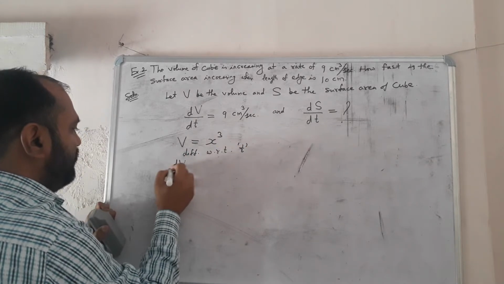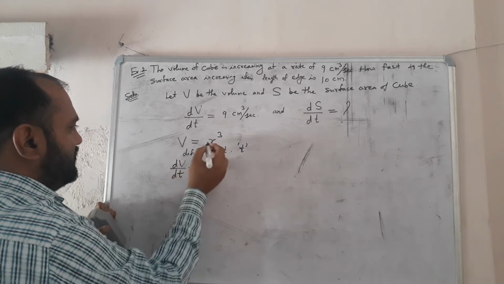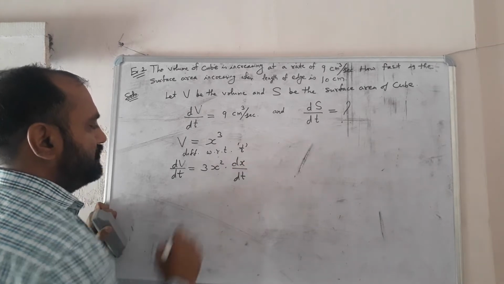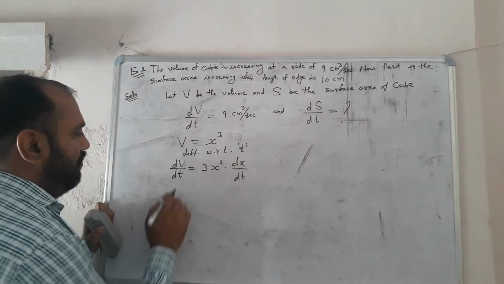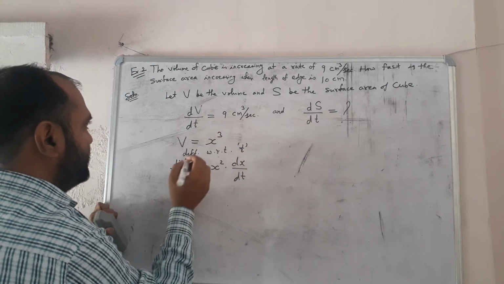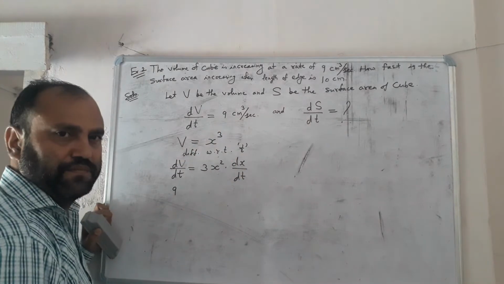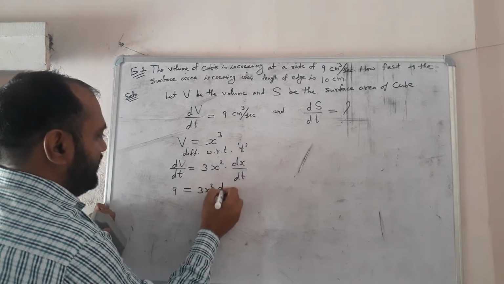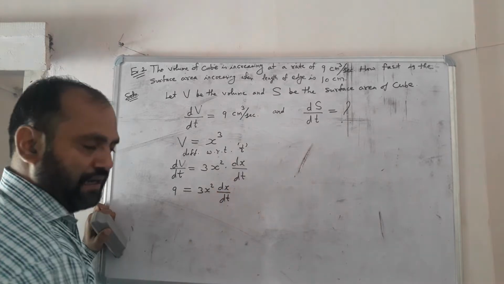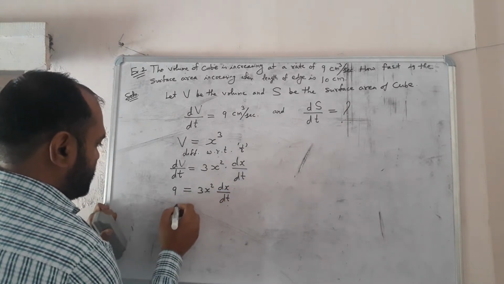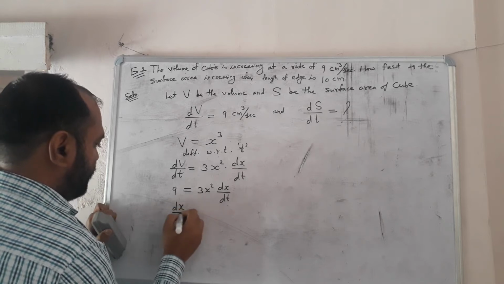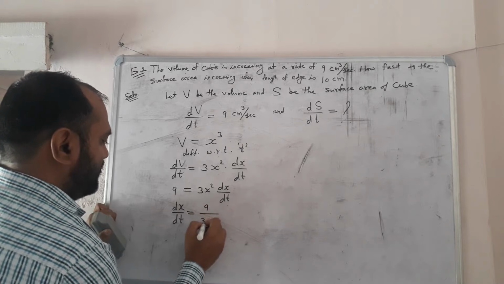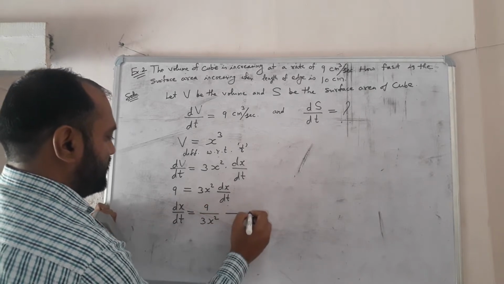So we get dV/dt, and its differentiation is 3x square into dx/dt. Now put the value of dV/dt, that is 9, which is equal to 3x square dx/dt. From this we find dx/dt, that is 9 over 3x square. Let us consider this as equation 1.